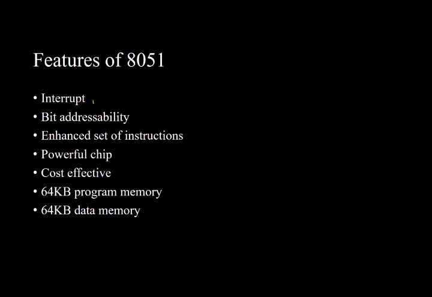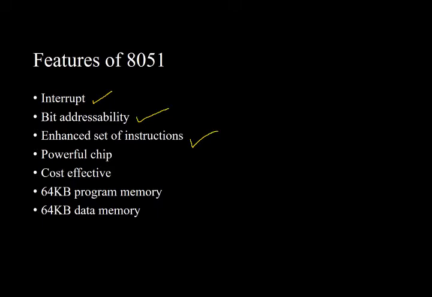Talking about the features of 8051, it has an interrupt facility. It has an internal interrupt and also an external interrupt, so two different types of interrupts can be accessed through 8051. Then it has a bit addressability technique and an enhanced set of instructions. In 8086 you have a large group of instructions, but they are not as easy an approach for a user.